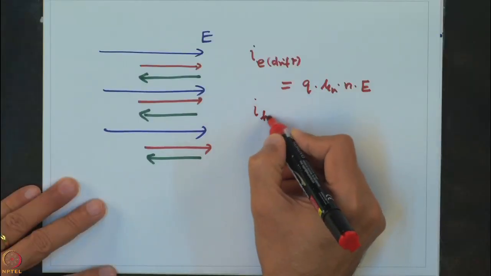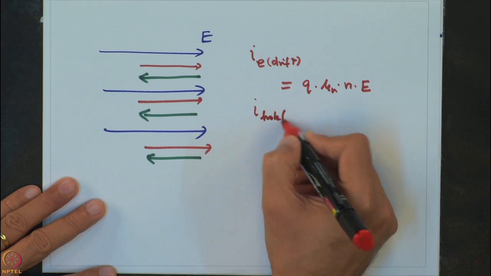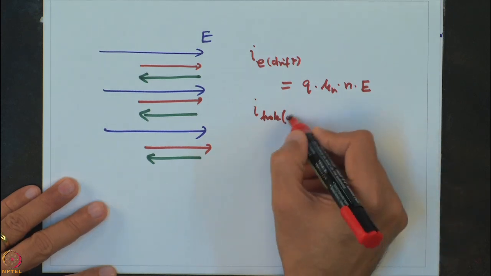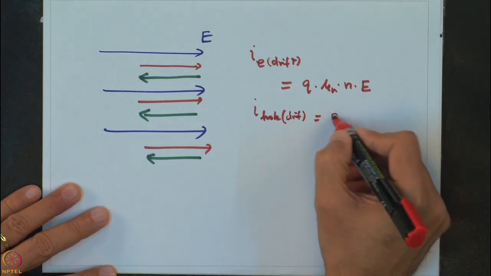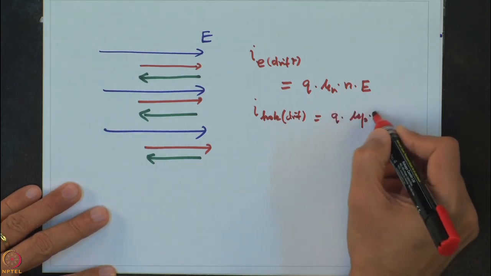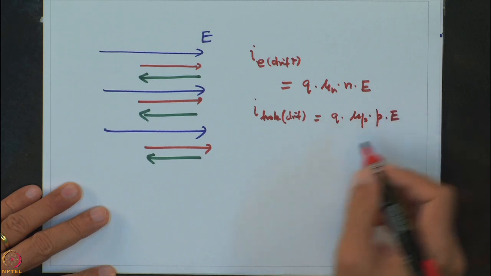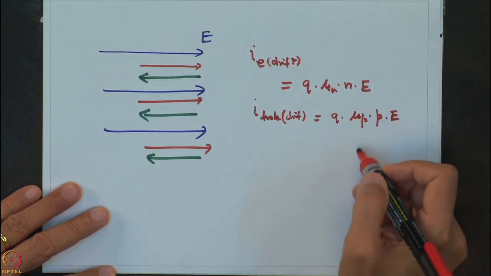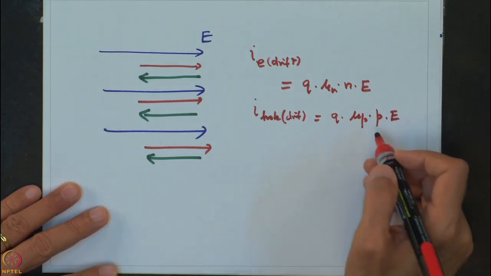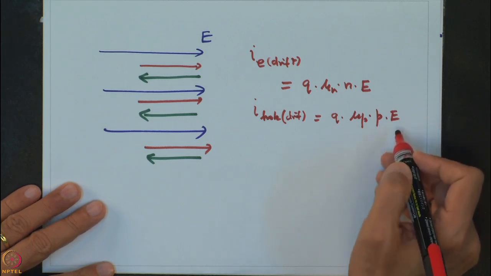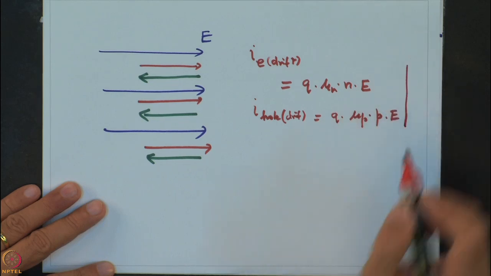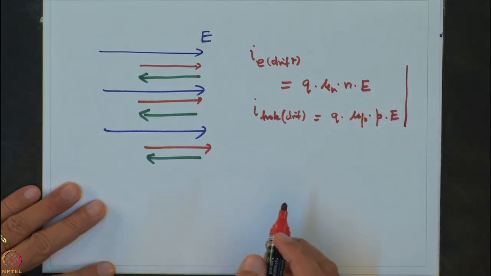Likewise, we have the hole current on account of the drift, which is given by q times mu p into P into E, where q is the charge of the hole, mu p is the mobility of the hole, P is the concentration per unit volume of the holes, and E is the applied electric field. So, it is the net sum of these which constitutes the total drift current.